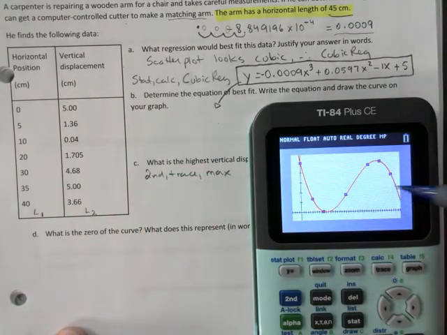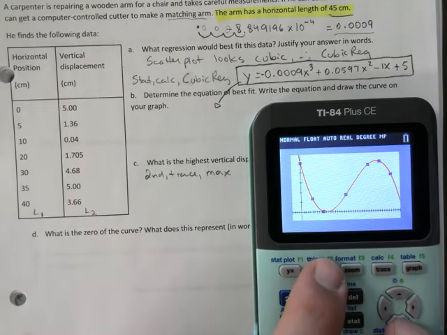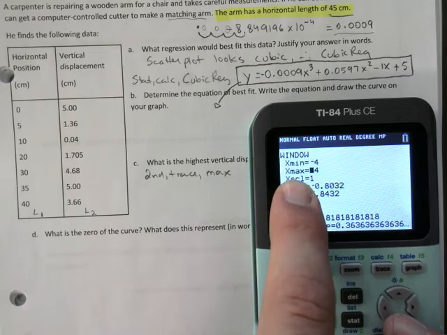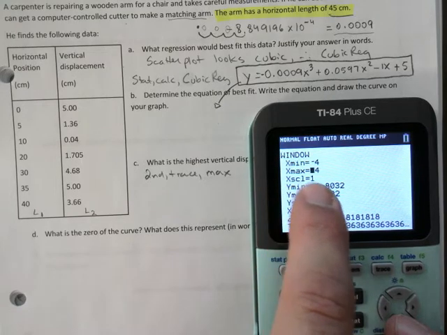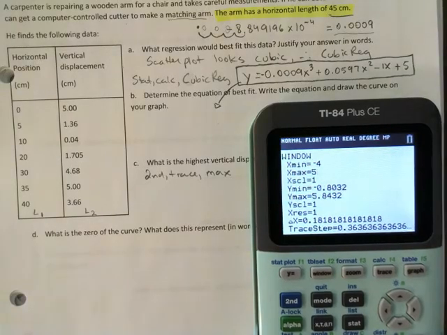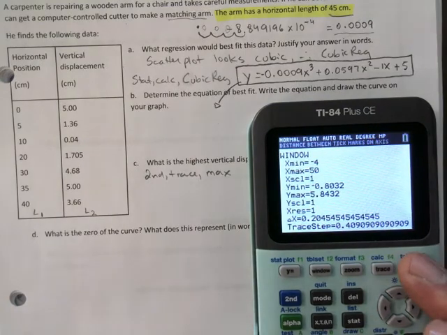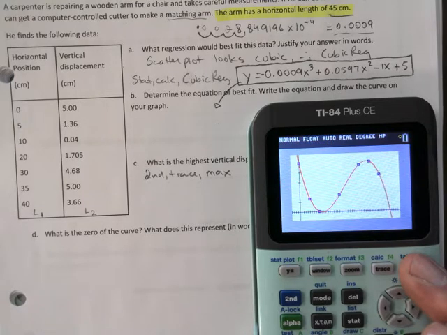It goes to 45. I'm just quickly going to look at my window, and I notice that X max is 44. I'm going to go a little bit past that. X max is 50. In this case, guys, remember the window is pretty good here. I don't need to make a lot of changes to my window. It includes the X and Y axis. It includes the intercepts. So don't touch that, okay?